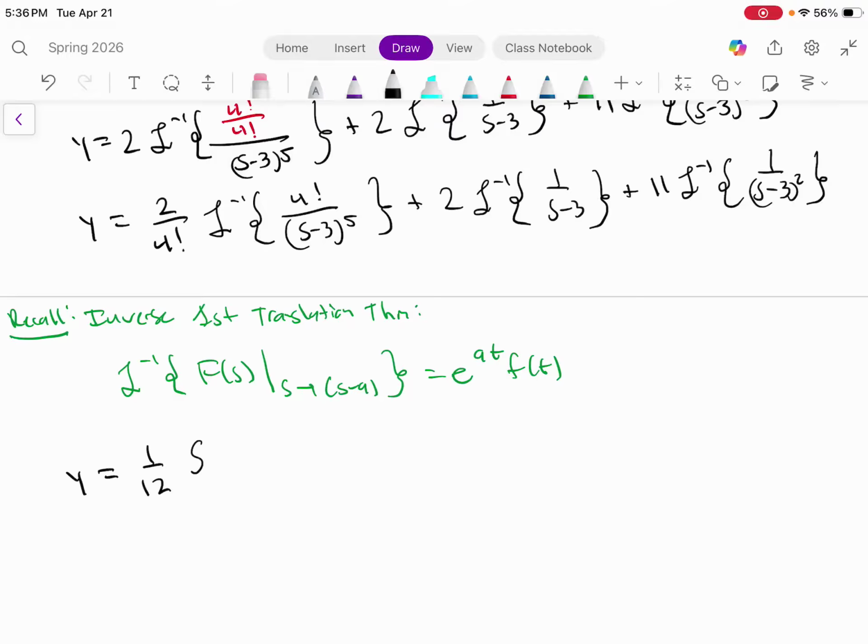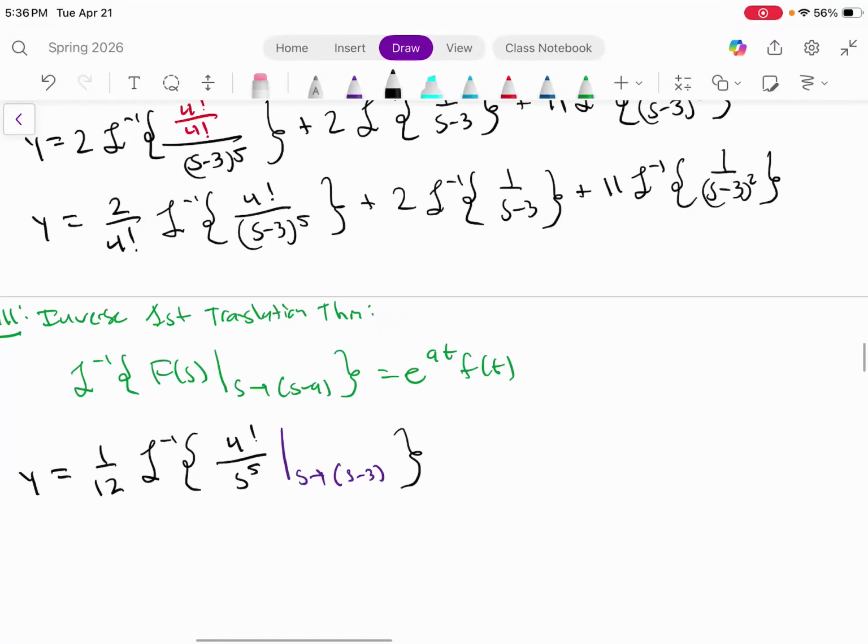But this is the inverse Laplace of 4 factorial over s to the fifth, where s is shifting 3 units to the right. Plus 2 inverse Laplace of 1 over s minus 3. We don't really need to do anything with that.